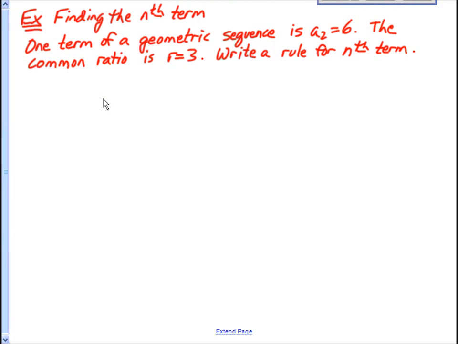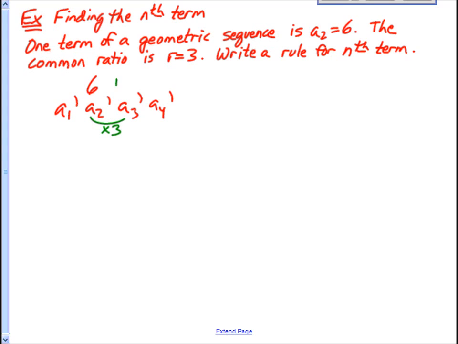Here we got the second term is 6. The common ratio R equals 3. So let's make this visual for just a minute here. Write out a couple terms here. Now we know the second term is 6, right? Now, since the common ratio is 3, this is multiplying by 3 each time.